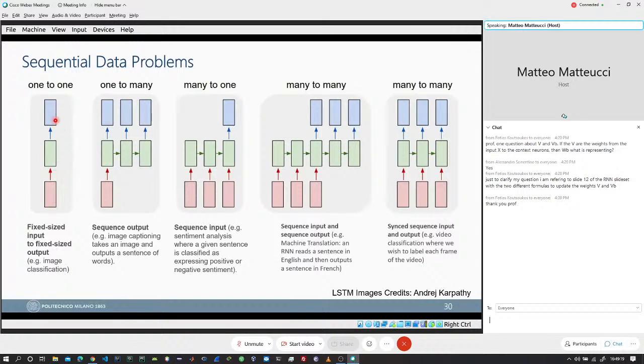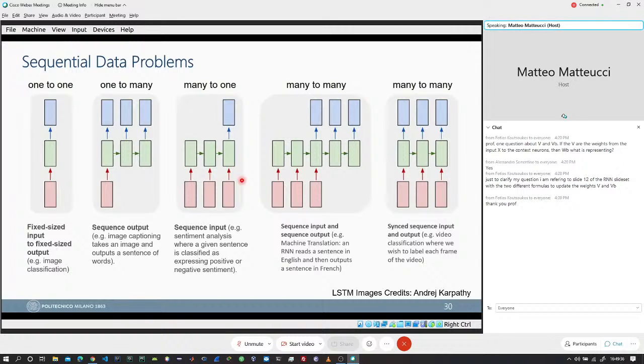This is a static network in the sense that you get one input, you get the hidden representation corresponding to that input, and then you get the output corresponding to that hidden representation.